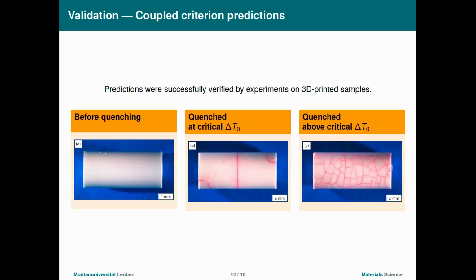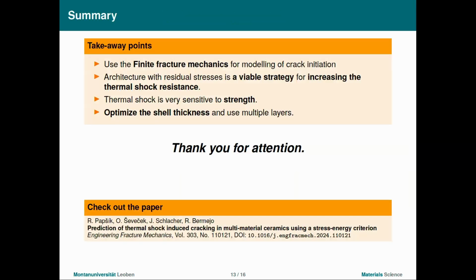And we learned that, for example, indentation is very sensitive to the value of fracture toughness. For some reason, thermal shock is not that sensitive to fracture toughness, but it's really sensitive to the strength. So you need to be really careful with the surface when you design your components for thermal shock. And I will give you 4 takeaway points.